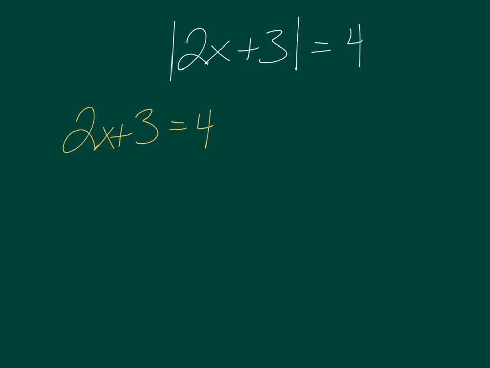The other option would be for 2x plus 3 by itself to have equaled a negative 4. And then when we take the absolute value of it, it went back to positive 4. These are the two situations that you have to allow for. And then you would solve each of them individually.